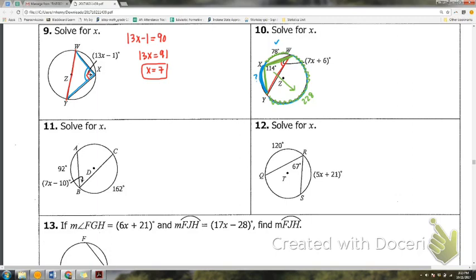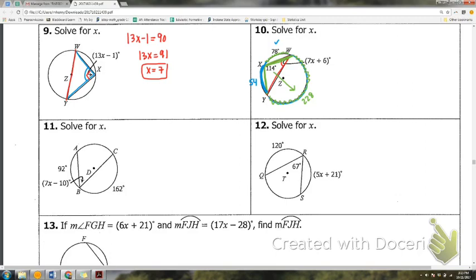So if I do 360 minus 78 minus 228, when we subtract those from 360, we get 54 over here for arc xy. Now, 7x plus 6 doesn't equal 54.